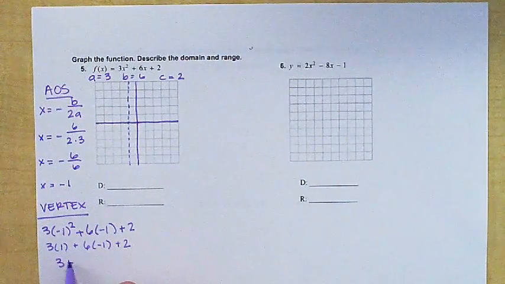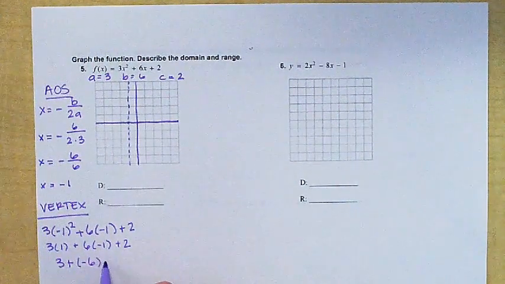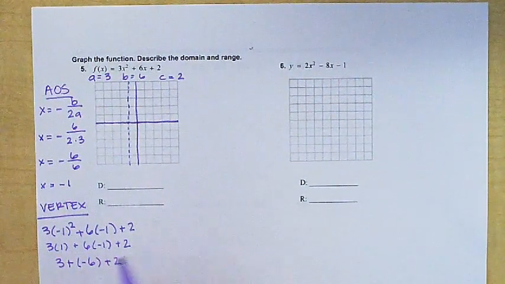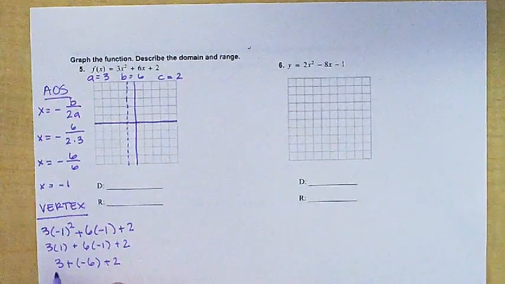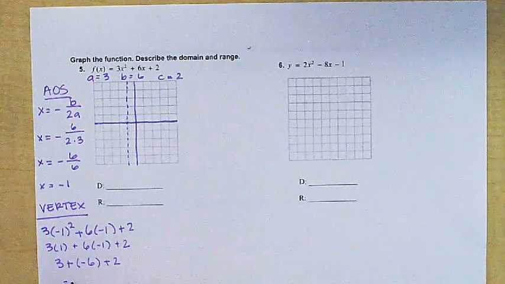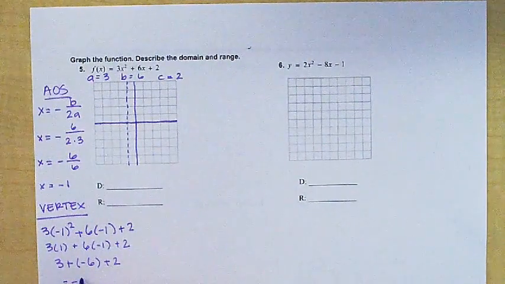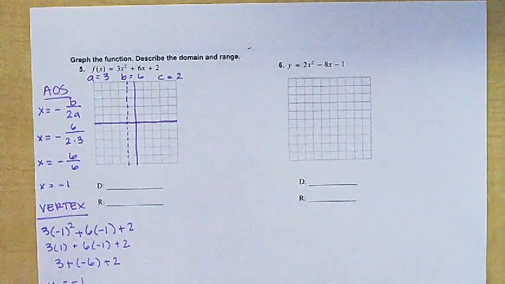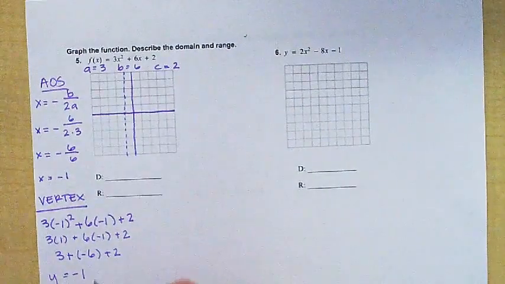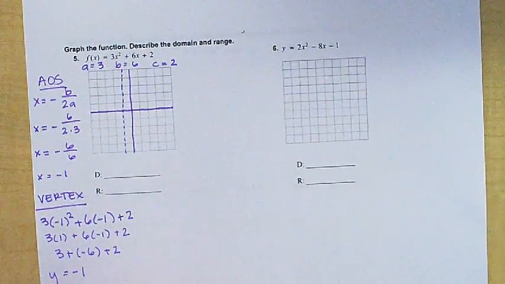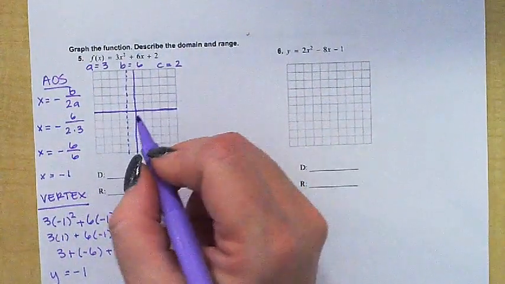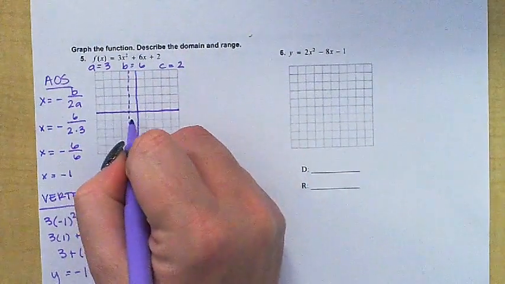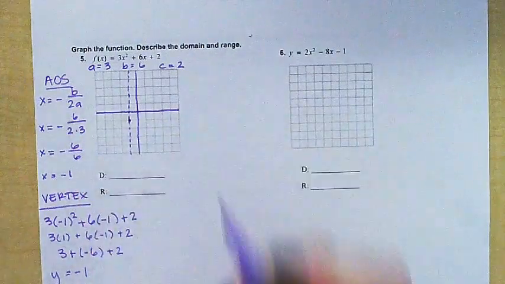That gives us a -6 right there, and we know that means that we are subtracting, so that combines to give us a -1. So we have a -1 again. That is our y value. So our vertex is now -1, -1. So we can go ahead and plot that point right there.